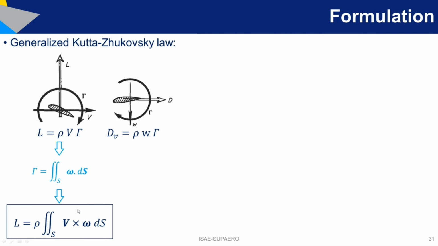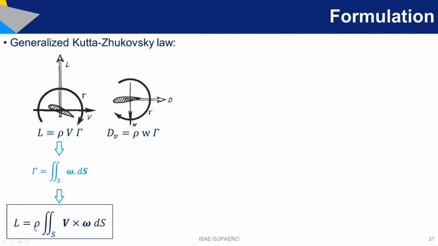The idea of doing that is that if we generalize this expression, we can say that lift is basically the cross product between velocity and vorticity. Again, vorticity times surface gives you the circulation, and velocity is here, density here.